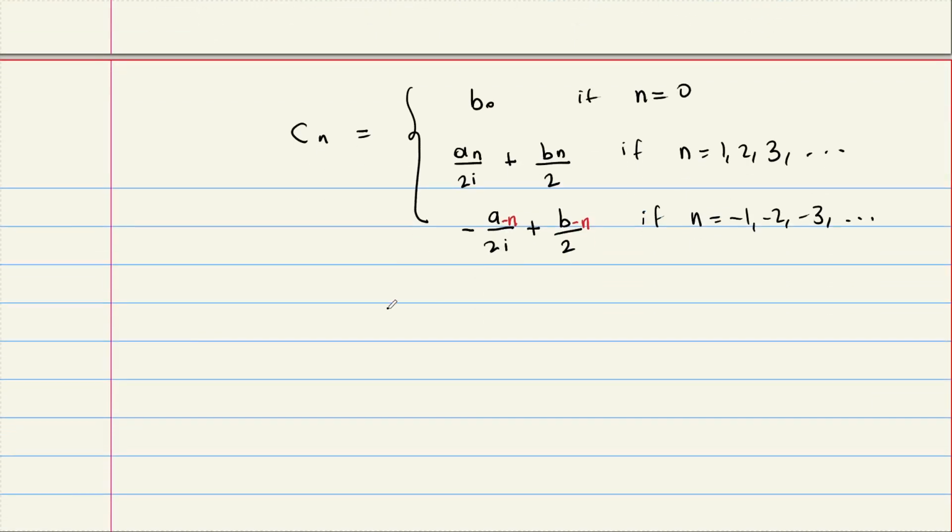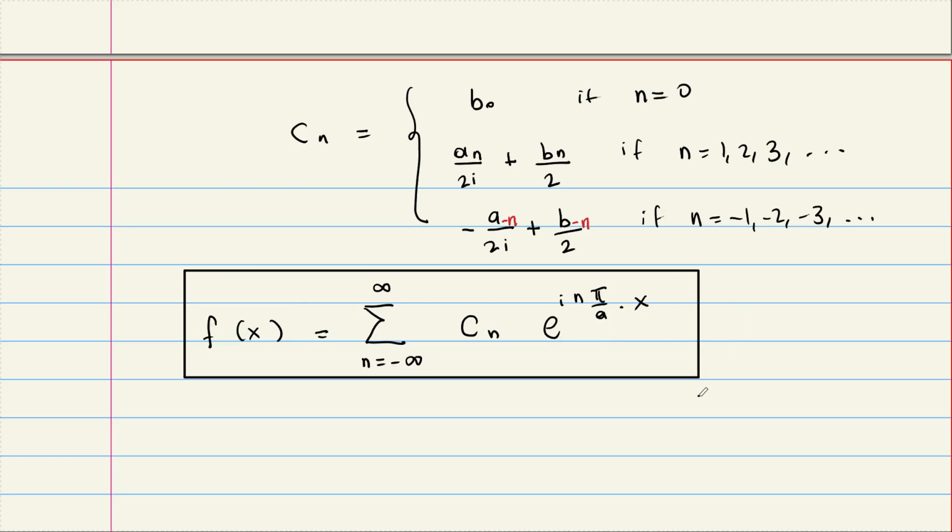And then I can write f of x as, now n goes from -infinity to +infinity, the sum of Cn e to the i n pi over a times x. Right?